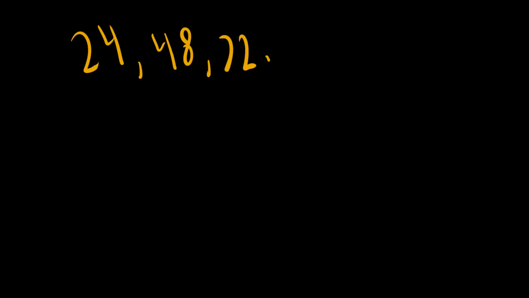So we know 24 is a factor of itself because 24 goes into 24 and 24 times 1 is 24. So 24 is a factor of 24 and a factor of 96. Now, 24 times 4 is 96.